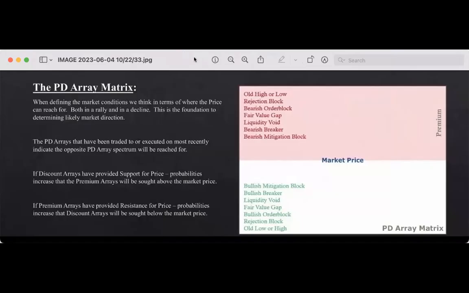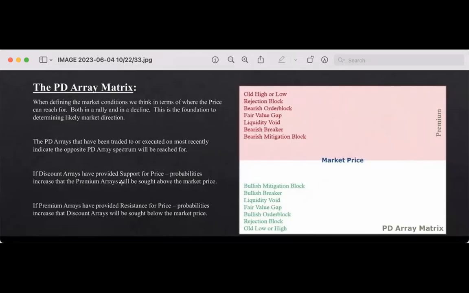So anyways, this is core content, but this is also an experience. So the PD array matrix, we'll go ahead and define this real quick. It says, when defining the market conditions, we think in terms of where the price can reach for, both in a rally and in a decline. This is the foundation to determining likely market direction. The PD arrays that have been traded to or executed on most recently indicate the opposite PD array spectrum will be reached for.